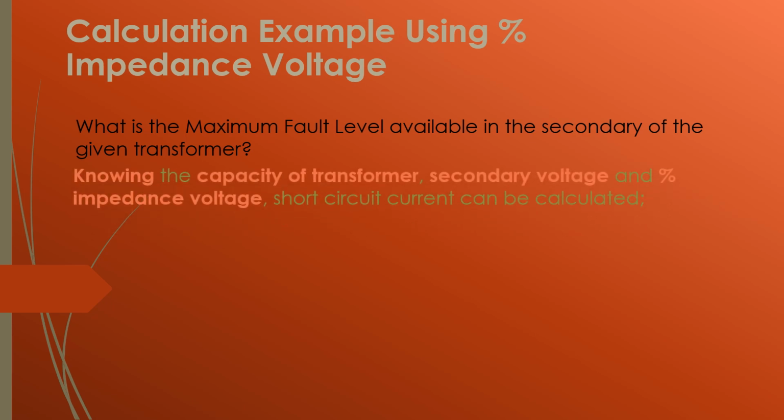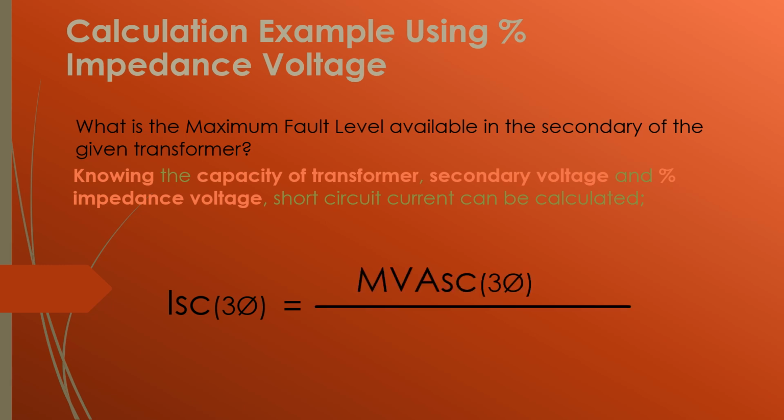Knowing the capacity of the transformer, the secondary voltage, and the percent impedance voltage, short circuit current can be calculated as I short circuit for 3-phase equals the MVA short circuit divided by square root of 3 times the kV of the line-to-line voltage.